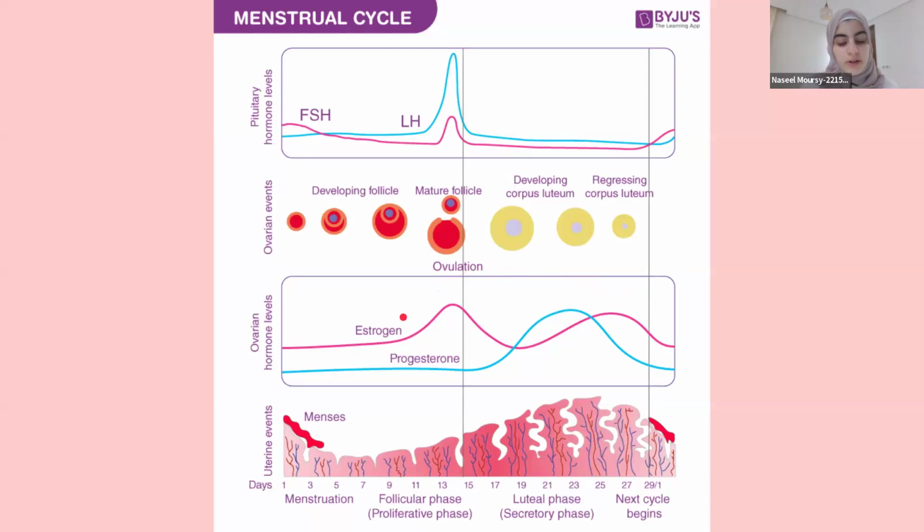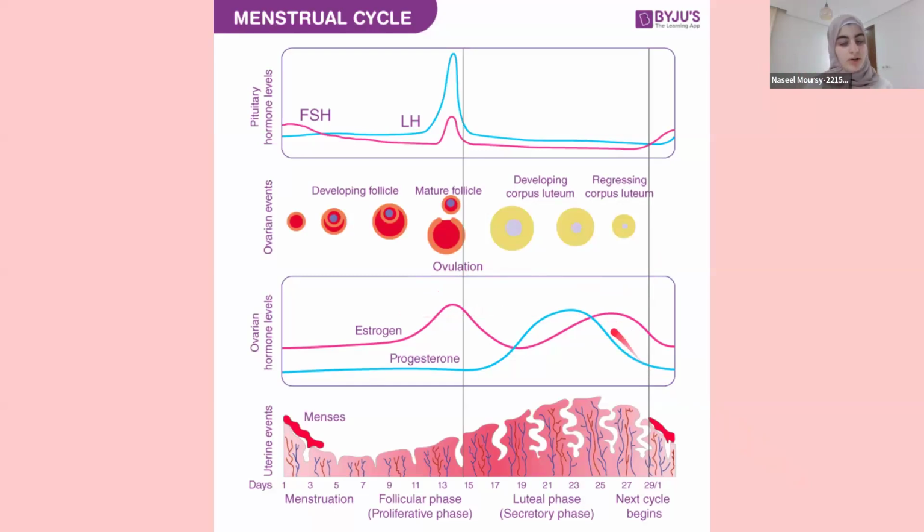Now, first of all, we know that estrogen and progesterone have this negative feedback mechanism on the anterior pituitary. So basically, the more estrogen and progesterone you have, the more you inhibit the secretion of FSH and LH. However, towards the end of the menstrual cycle, these hormones go down, and we'll be explaining why later on.